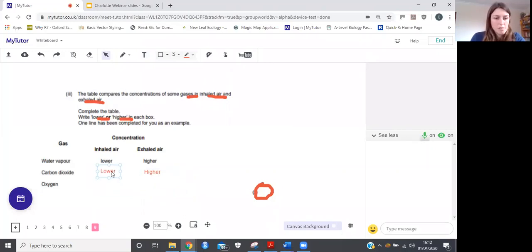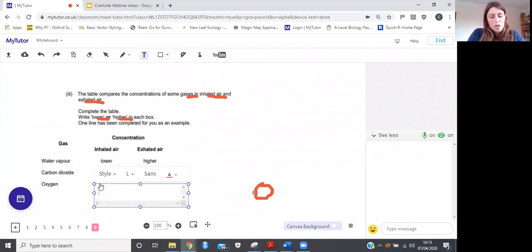In turn, our oxygen: oxygen is used in respiration. So when we breathe in air, it goes into our lungs and the oxygen is taken out. When we exhale, that oxygen has been taken out, so there will be lower oxygen when we exhale.